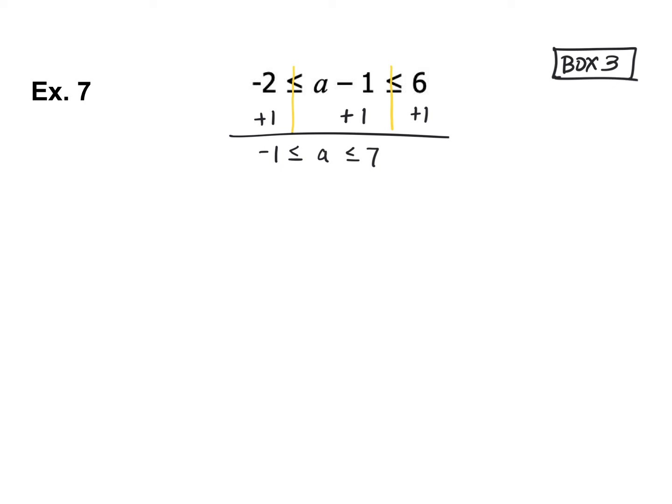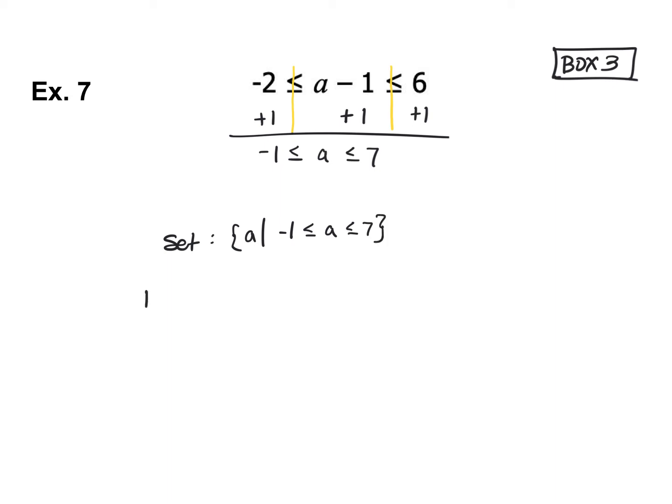Now that I have my solution, I can go ahead and write it in set notation, which is the set of a values where -1 is less than or equal to a, less than or equal to 7.